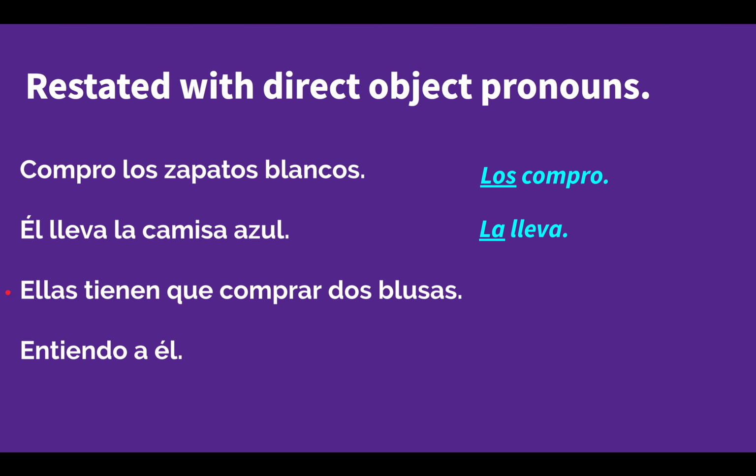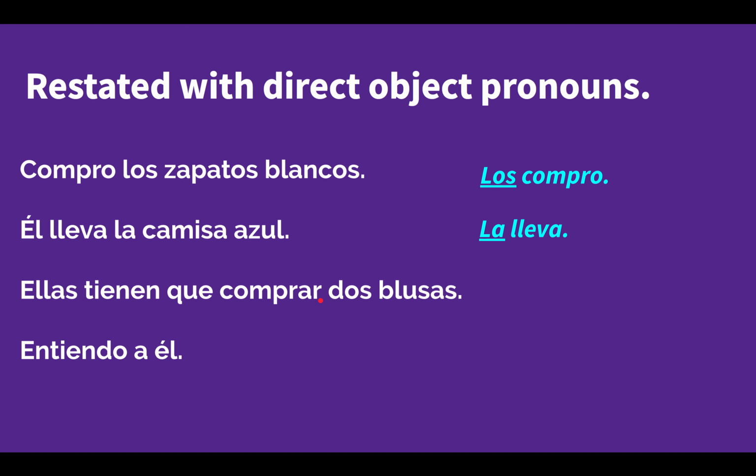The third one says, ellas tienen que comprar dos blusas. Our object, as we know, is blusas. It's feminine and plural. And in this sentence, we have two options. We can either put the direct object pronoun before the conjugated verb, which in this sentence is tienen, or we can put it after and attach it to the infinitive.